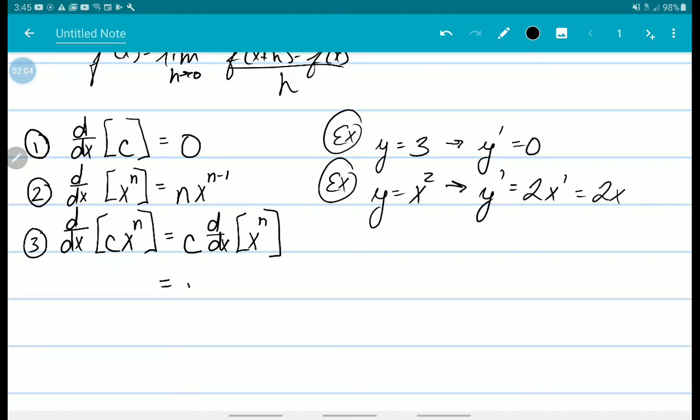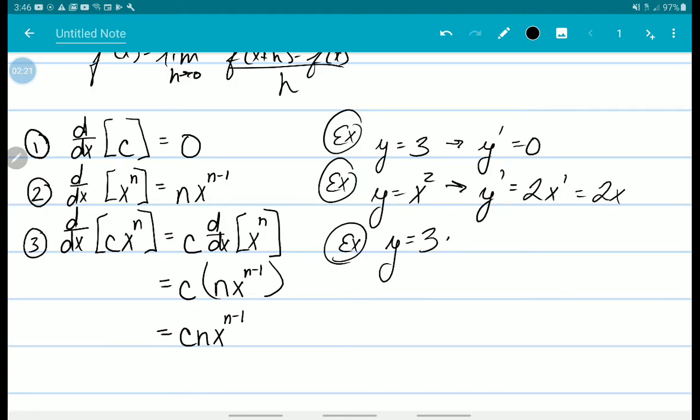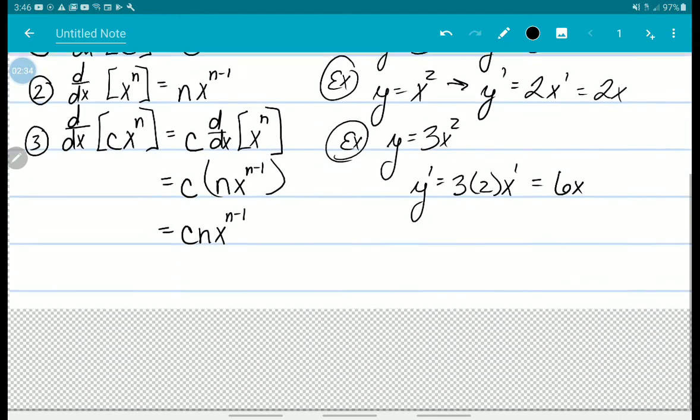And that would be the same thing as c times that derivative, which would be n x to the n minus 1, which would be c times n times x to the n minus 1. So an example there, let's say we had 3x squared and we wanted to take the derivative. So we would keep the 3, bring the exponent down, subtract 1 from the exponent, and then simplify. So we would end up with 6x there.